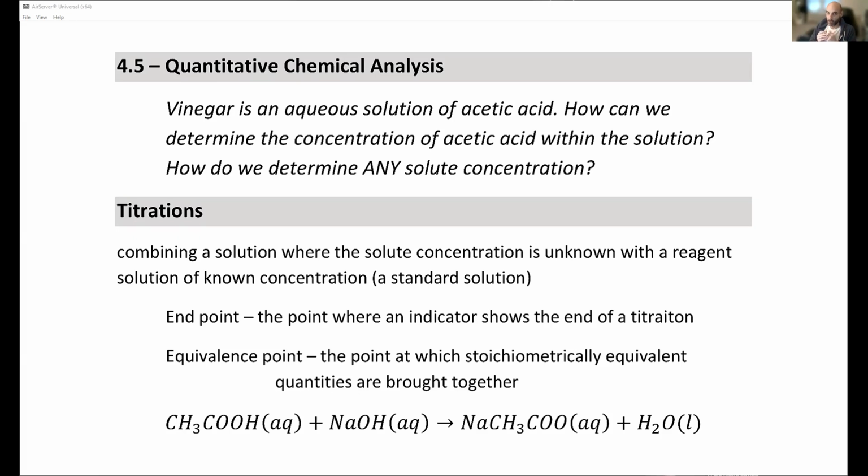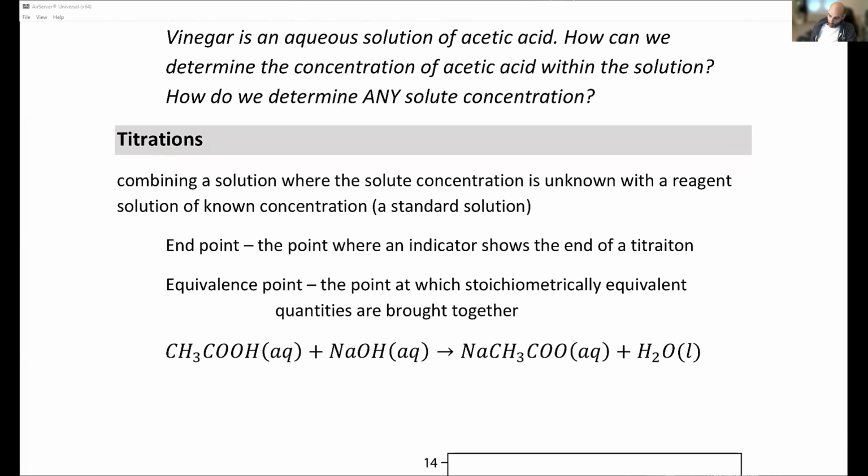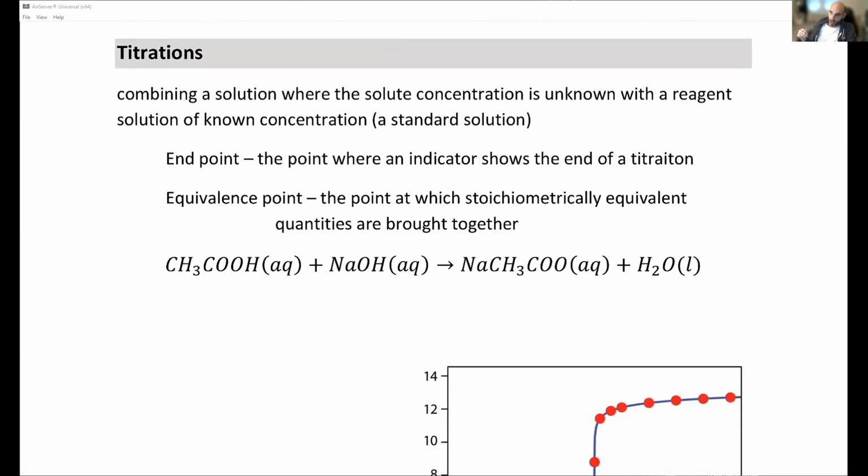So there's two ways we can do it. The first one, which is going to be the most effective, is titrations, and we use these all the time. For the acetic acid, combined with some kind of base, it's going to go through a reaction and produce a salt plus water.